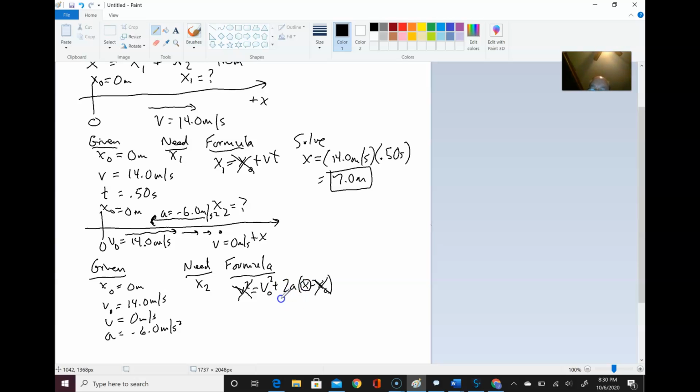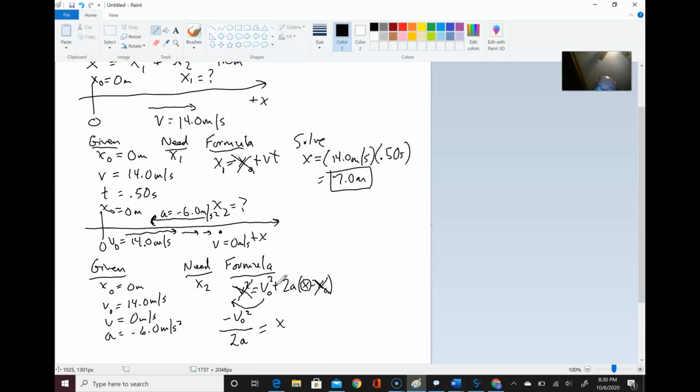In order to get x by itself, the first thing I'm going to have to do is put v0 squared on the other side of the equation. So I'm going to say negative v0 squared. And then I have 2ax left on the right side, so I'm going to divide both sides of the equation by 2a, and that's going to leave me with x.